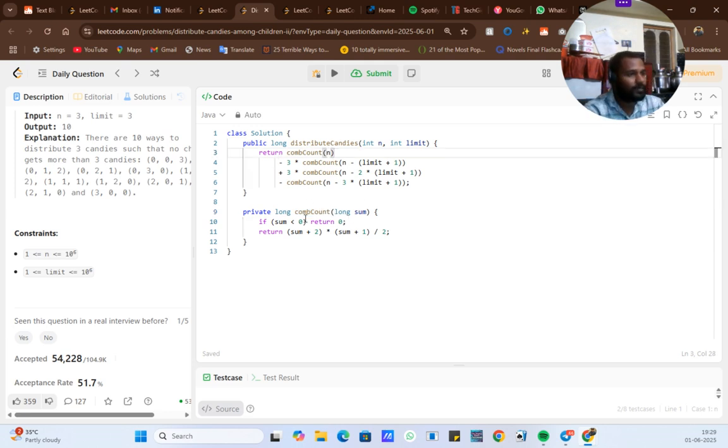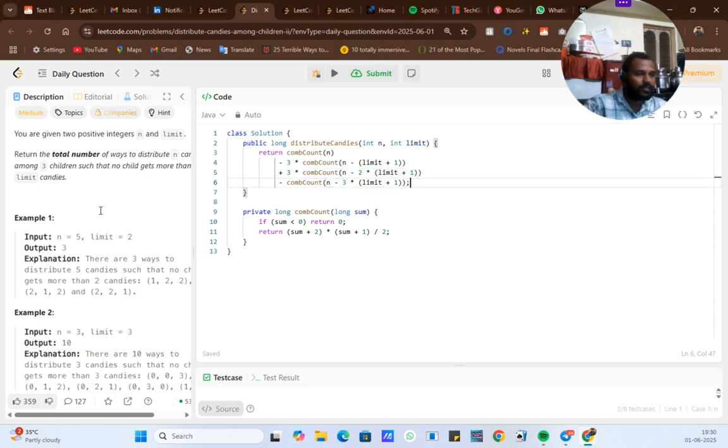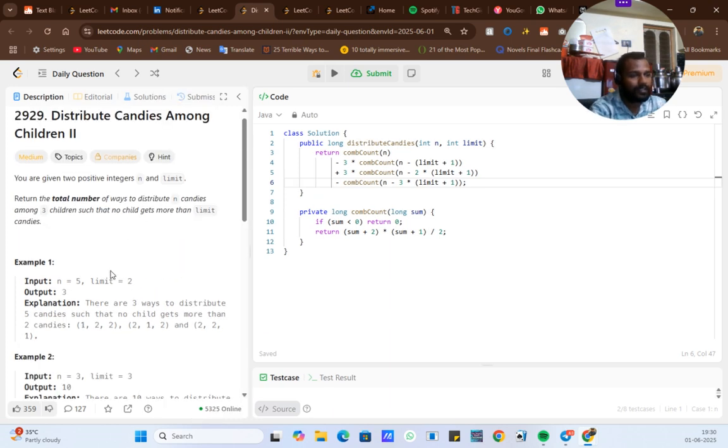If that is less than 0, we will return 0, and otherwise we will return n plus 2, n plus 1 by 2. This is the total values we can get here, and we will get it for the first child, and the combination for the second child, and the combination for the third child. So like this we will calculate the number of ways for each child. We can distribute only the limited candies.